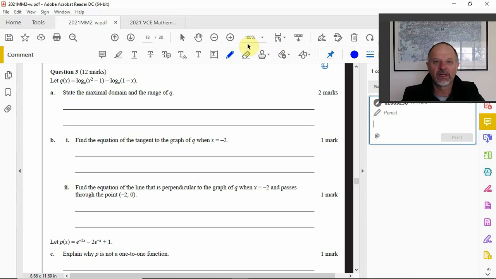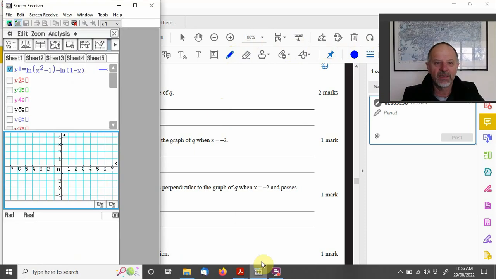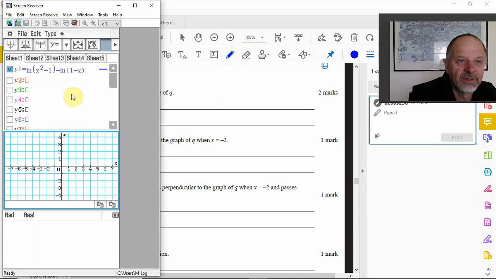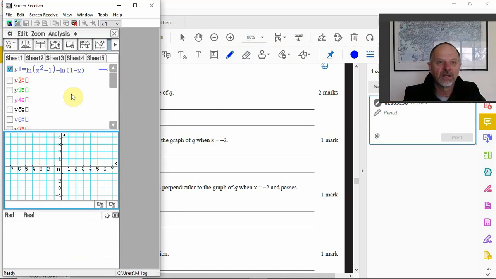The most time efficient way of doing that is going to our calculator. This is the graphs and tables, and putting in our functions. I've already done this previously, and now I want to graph that function, and there it is.